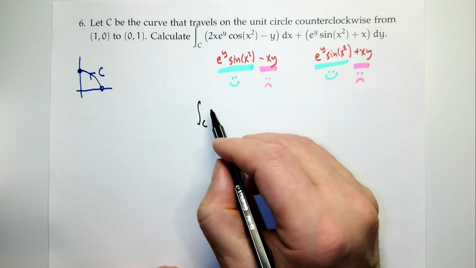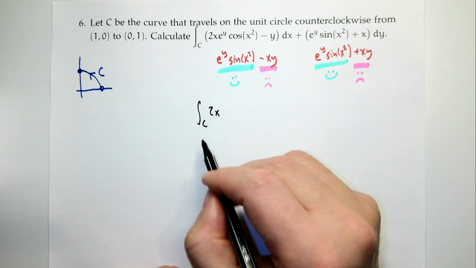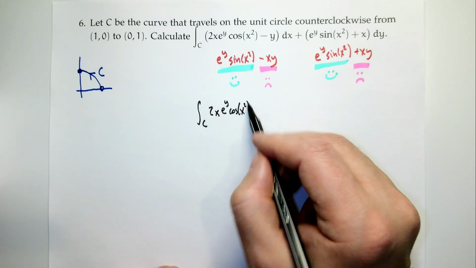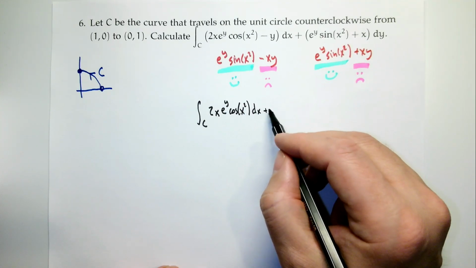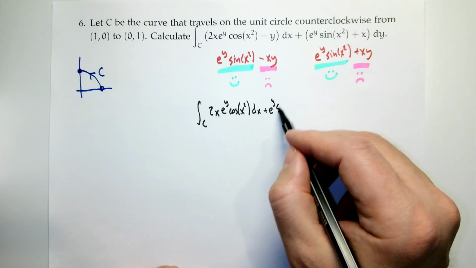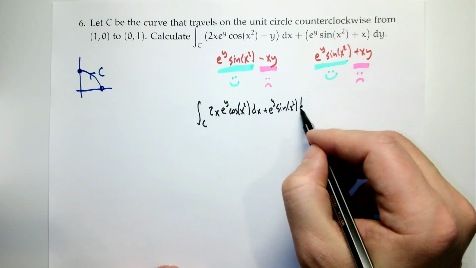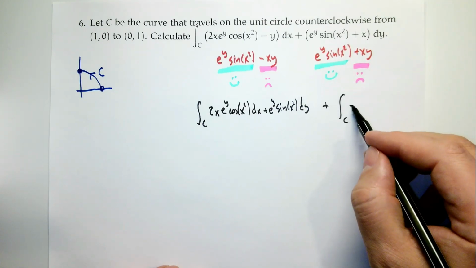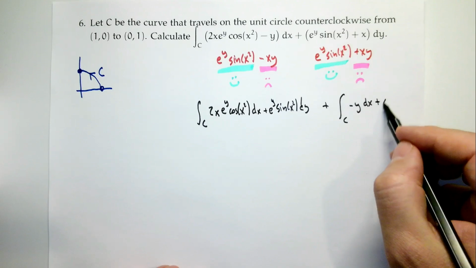So I'm going to do the integral along the curve C of 2x e^y cosine of x squared dx plus e^y sine of x squared dy, plus the integral along our curve of minus y dx plus x dy.